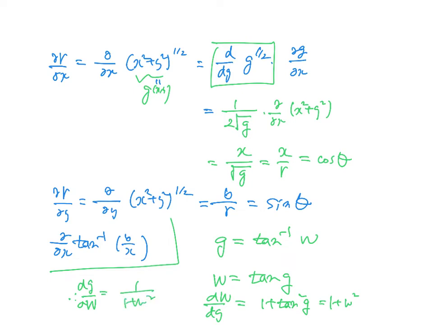That means the derivative of the inverse tangent of x is 1 over 1 plus x squared. Right?